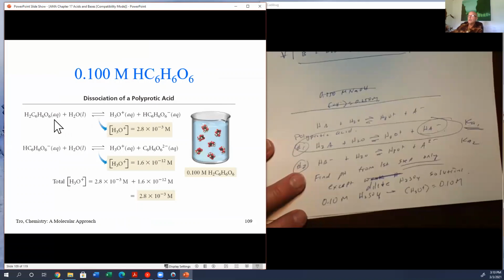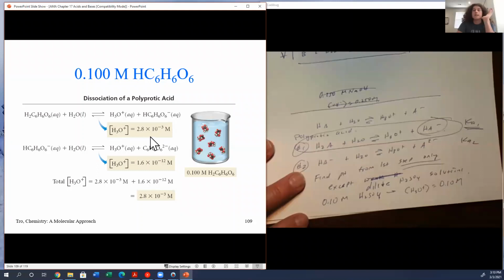Here's why. Let's say I have this solution. If I figure out the contribution of H3O plus from that step, it's 2.8 times 10 to the minus 3 molar. If I then go on and solve an equilibrium problem for the second step, look at how much it adds: 10 to the minus 12 molar. What's 2.8 times 10 to the minus 3 plus 1.6 times 10 to the minus 12?